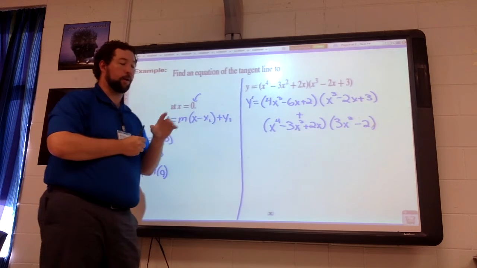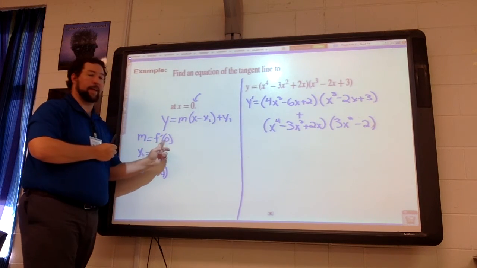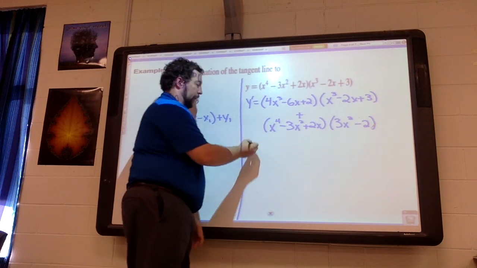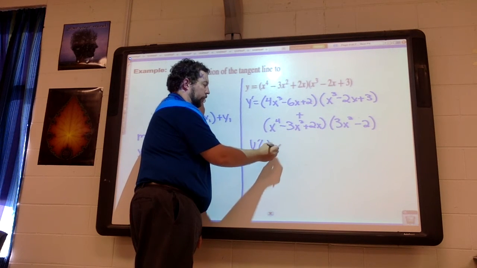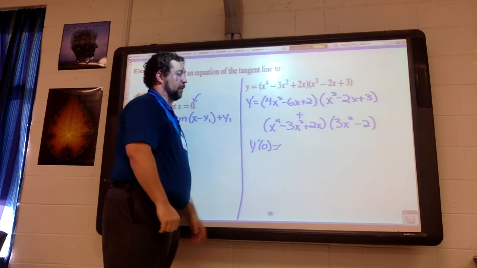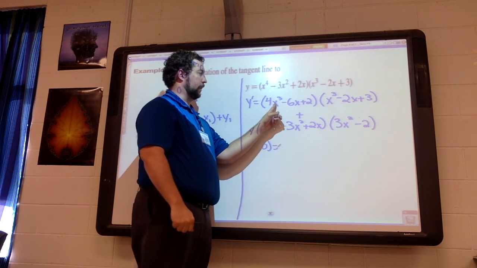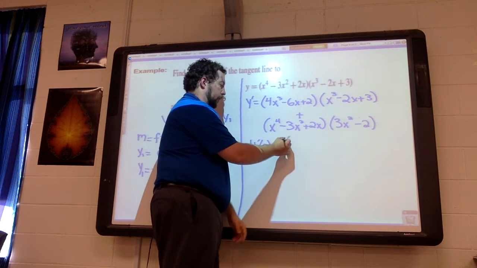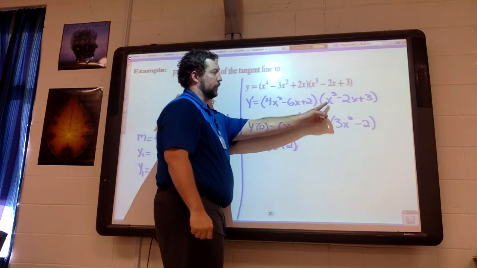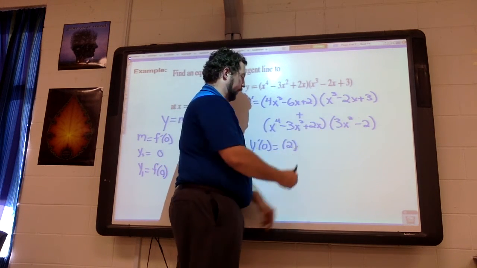So if I want to find the slope I need to take the derivative at 0. So that means I'm going to take this derivative function and plug a 0 in. All right, let's see what happens. I plug a 0 in. I get 0 for the first part, 0 for the second part, plus a 2. I get a 0 plus a 0 plus a 3, so 3.